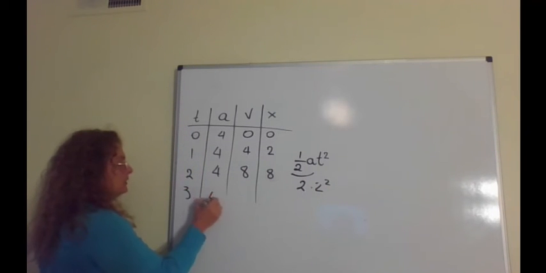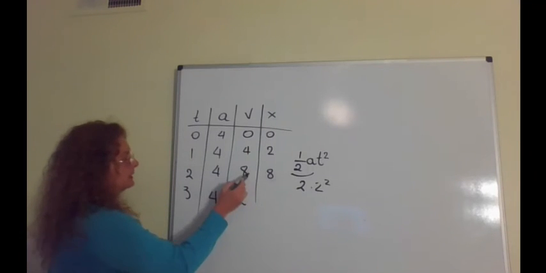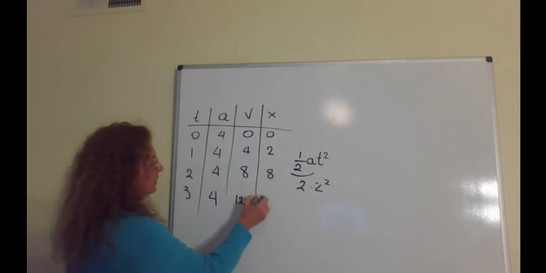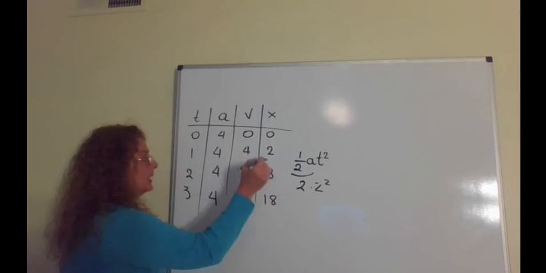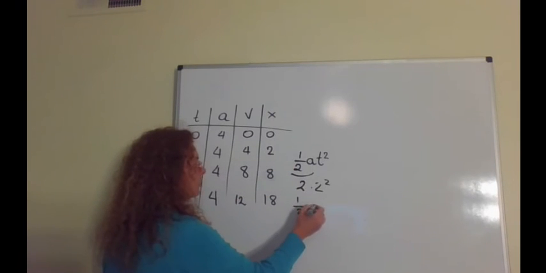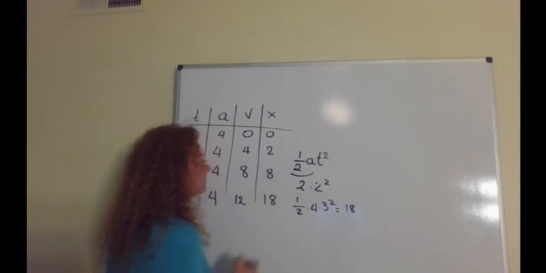If I go to the third second, my velocity would change by 4, therefore it will be 12. If I do it as I said, the average between 8 and 12 is 10, so this will go to 18. But again, this works because it's half times 4 times 3 squared, which is 18.